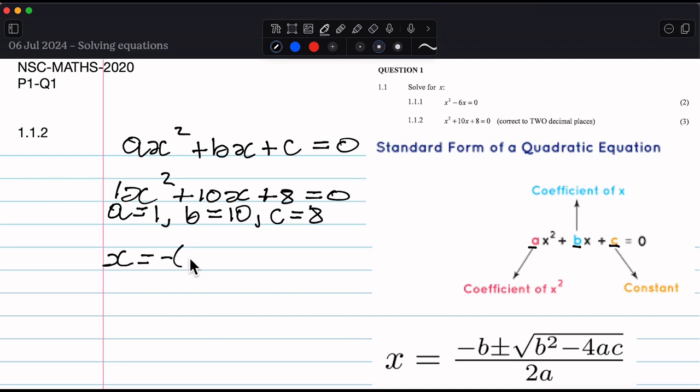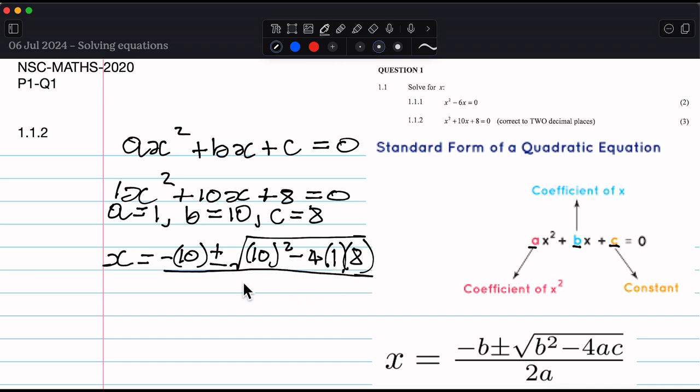So this will be minus on the outside from the formula, and then the value for b, which is 10, plus or minus the square root of b again, which is 10, squared minus 4a, what is a? 1, c, which is 8, all divided by 2a. So this will be 2 times a is 1. So that is how we substitute into the quadratic formula.